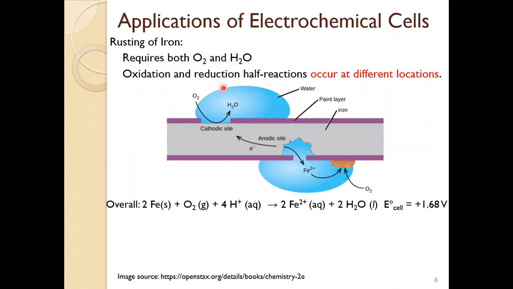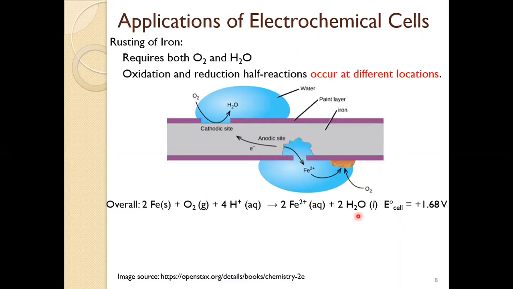And kind of interesting about rusting of iron is that because it's a redox reaction, both oxidation and reduction occur, and the oxidation, of course, always occurs at the anode, the reduction always occurs at the cathode, and the cathode and the anode are at different places on the iron. So at one point, the cathode is where oxygen is being reduced, and a different part nearby, a different part of the iron, is where the rust will form, because that's where iron is being oxidized.